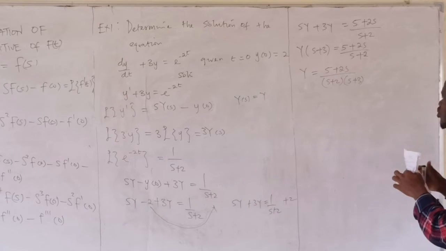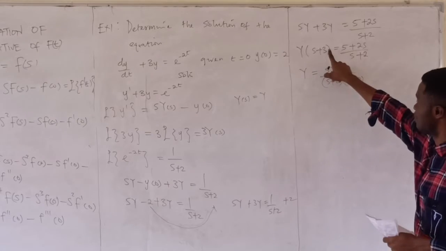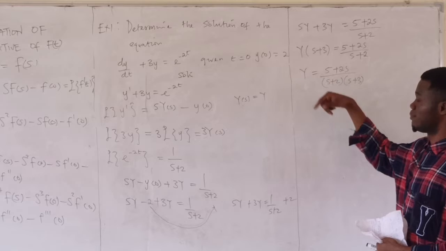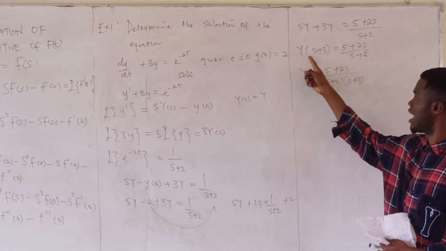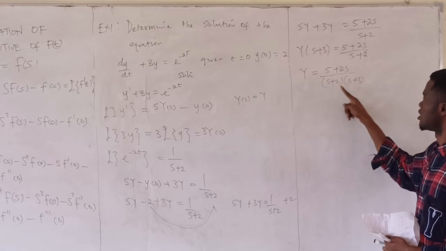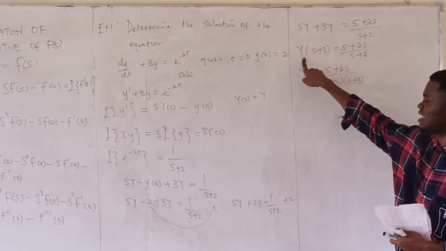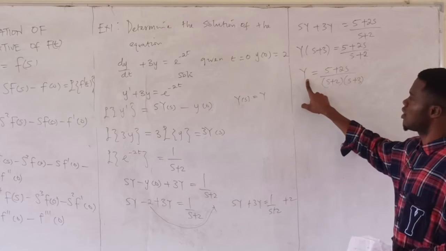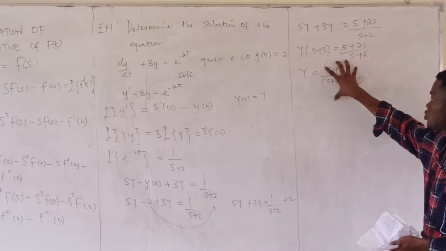Alright, so if you don't want to multiply both sides by 1 over s plus 3, you can simply cross multiply, just cross multiply s plus 3 and multiply s plus 2 down, leaving only your y on the left hand side. But whichever way, when you make y the subject of the formula, this is what you are going to have.